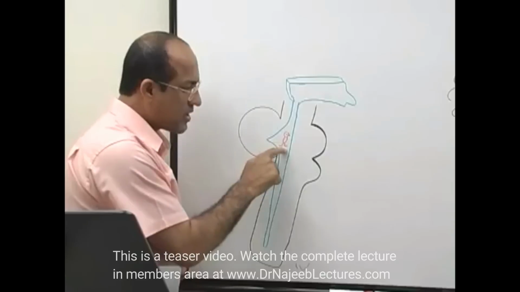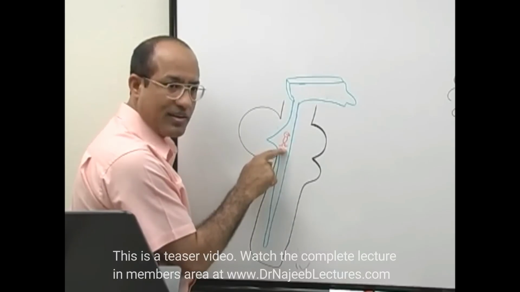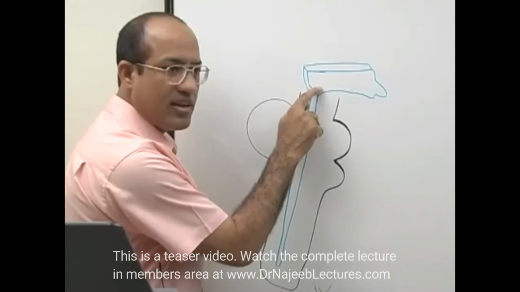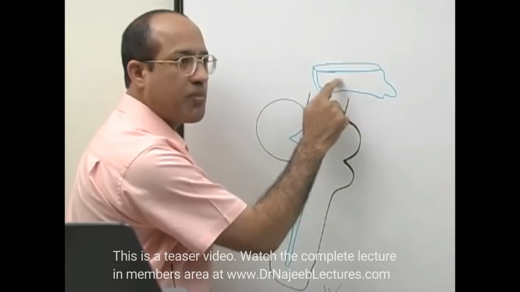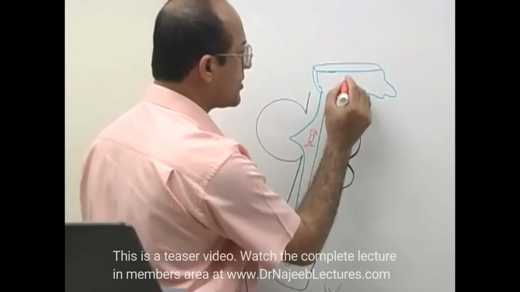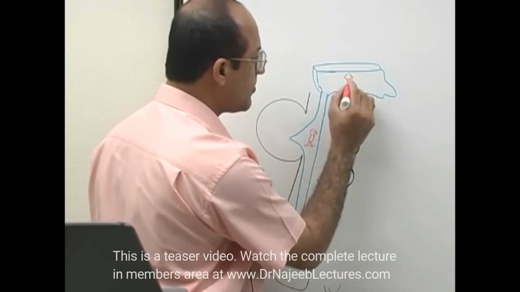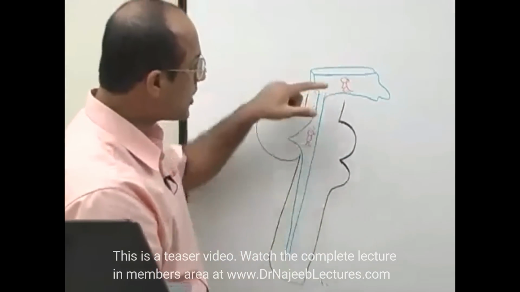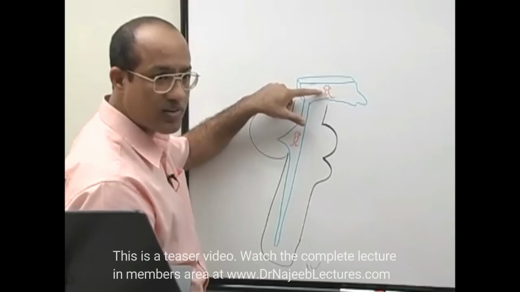You are in the fourth ventricle, you move through the cerebral aqueduct upward and you go into an expanded cavity, and this expanded cavity is called the third ventricle. Now you are in the third ventricle.